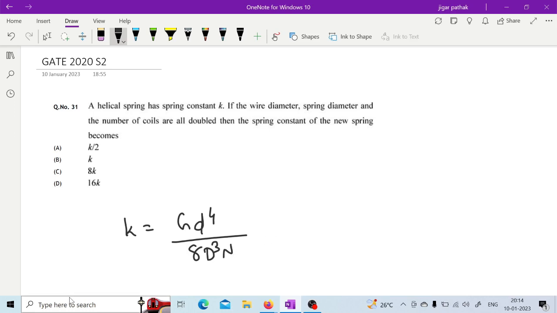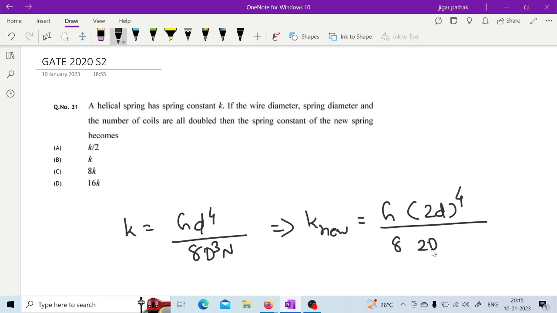What they are asking is that wire diameter, coil diameter and number of coils are all doubled.